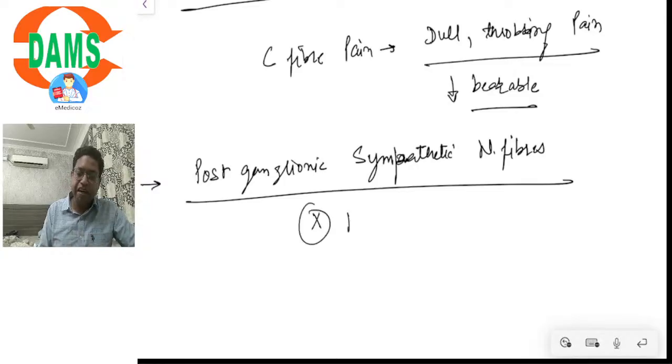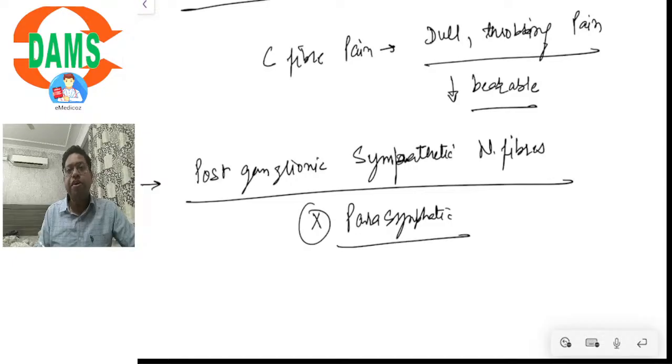The presence of parasympathetic nerve fibers in the dental pulp is not documented. There is no substantial evidence to say that they are present. It is only the postganglionic sympathetic nerve fibers, and they have the function of neuromodulation.